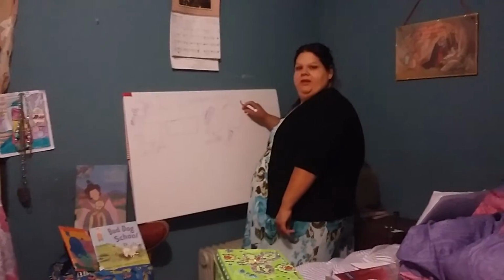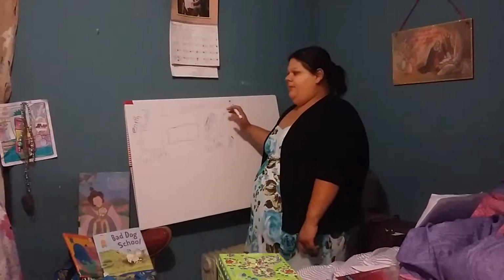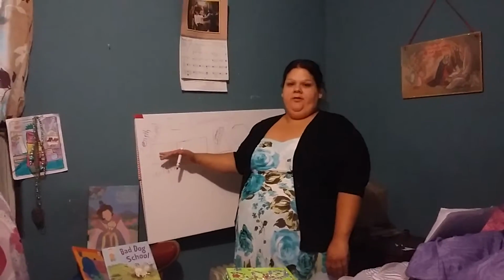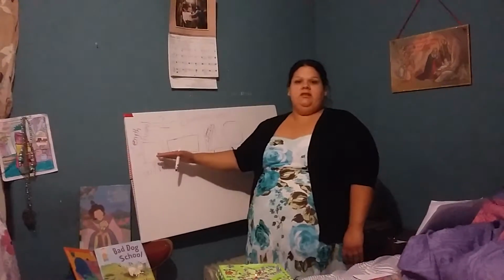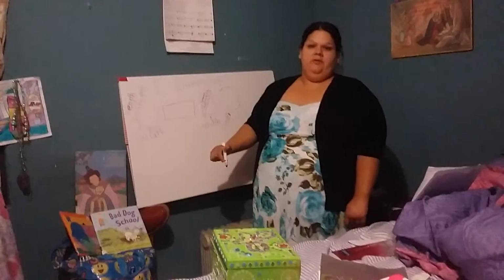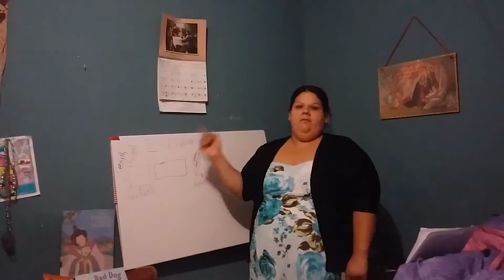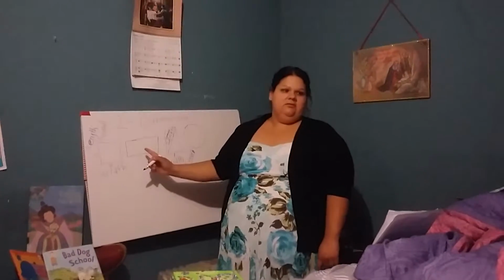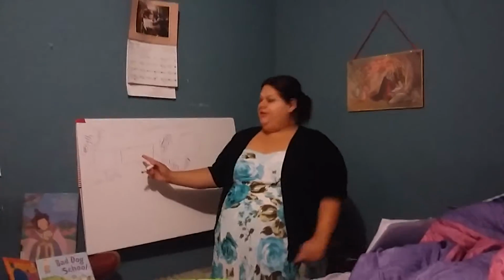And this should be a circle, but it's a little bit crooked. Okay, so first of all, this right here, let's name the first figure. What's this first figure? The first shape. Very good, a square. Next one. Awesome, very good.